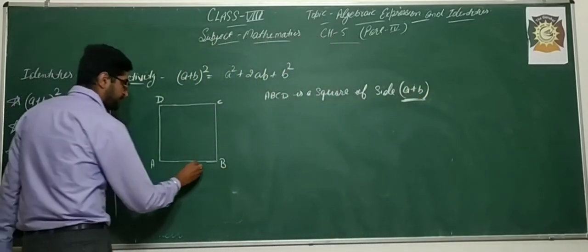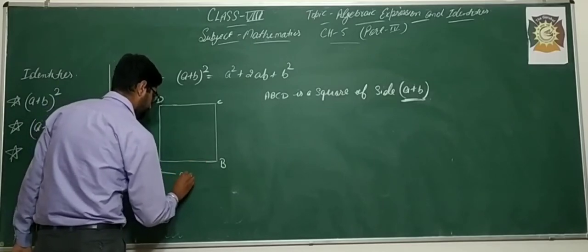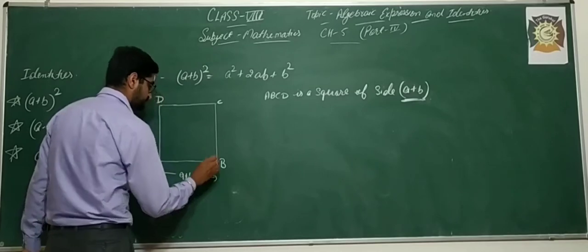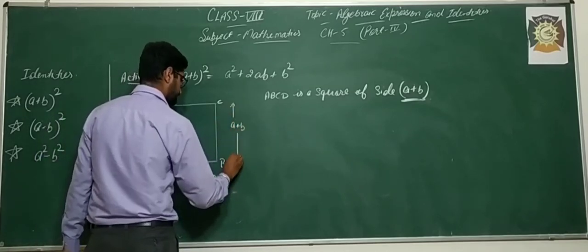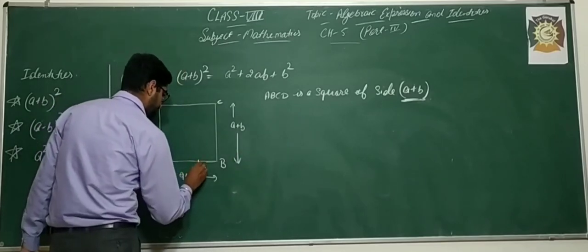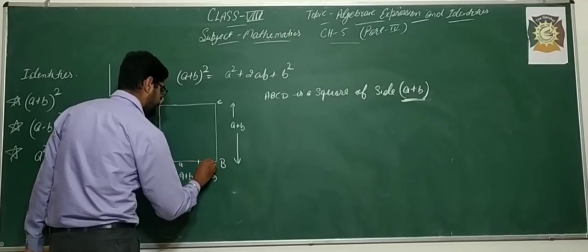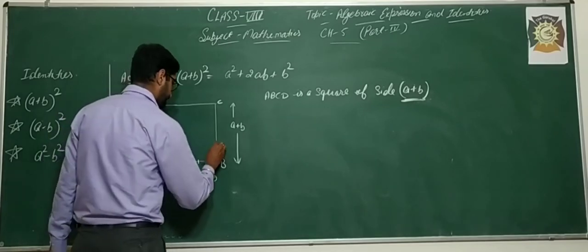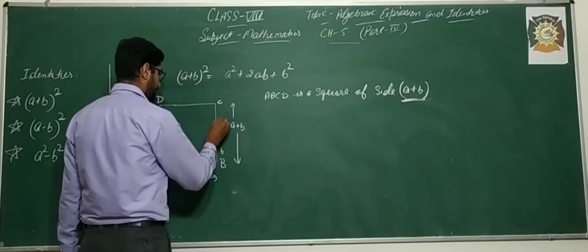It means if this is a and this value is b, then here this will be b and this value is a.